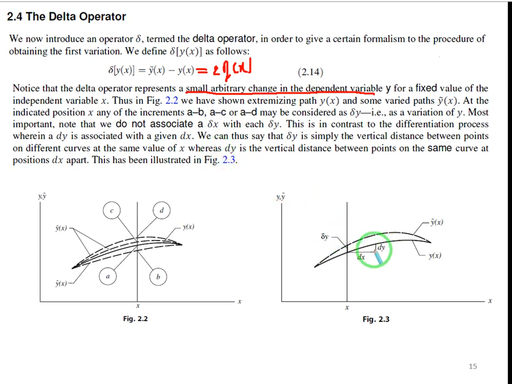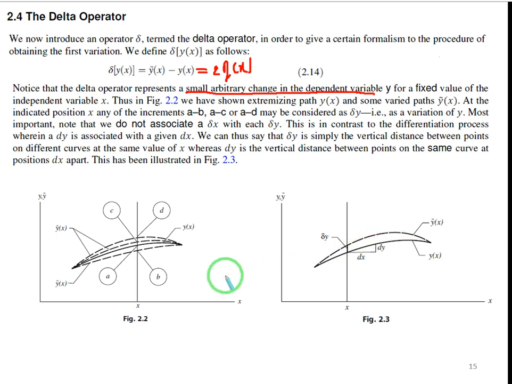When we define the derivative of the function, we say that d of y is the vertical displacement of y when we have a small amount of change in the independent variable d of x, while when we say delta y, the value of x is fixed, and we only change the value of y by a small arbitrary amount.